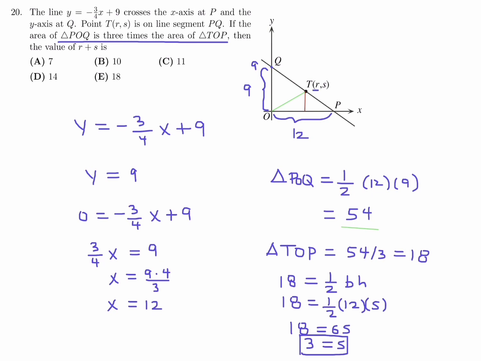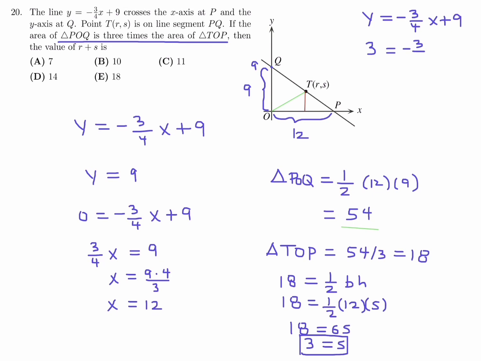So now we have to figure out R. How do we figure out R? Well, this point is on this line. So to figure out the other coordinate, plug it into that line. Y is equal to negative 3/4 x plus 9. We want to figure out R. S we already figured out was 3, so S represents the y coordinate, so put 3 here, correct?